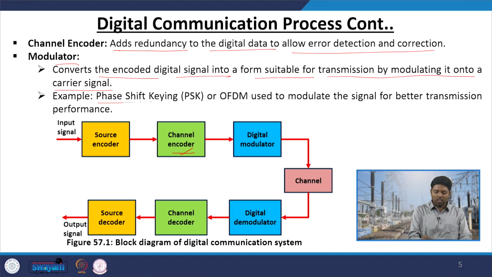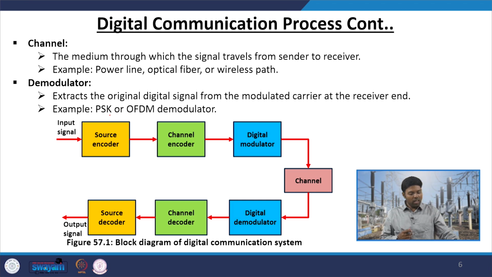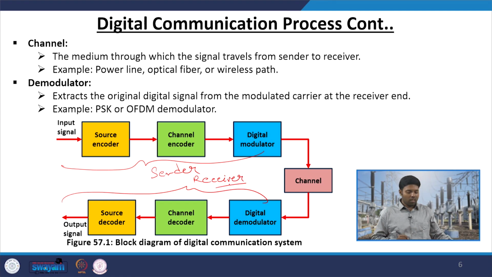Phase shift keying or OFDM is used to modulate the signal for better transmission and performance. Then you have the channel, which is the medium that sends the data from the sending end to the receiving end. You can see this part is at your sender and this part is at your receiver, connected via the communication channel.